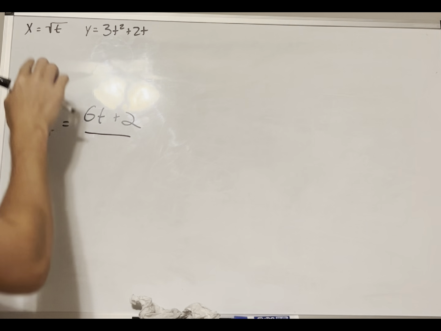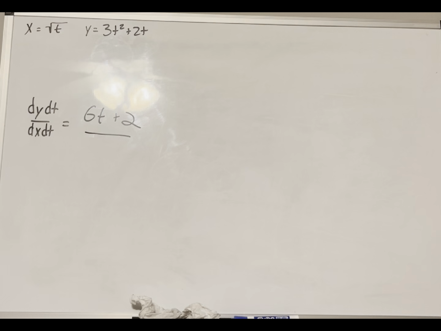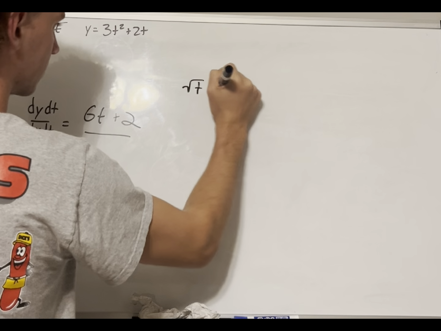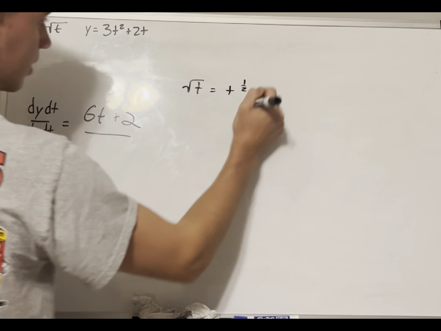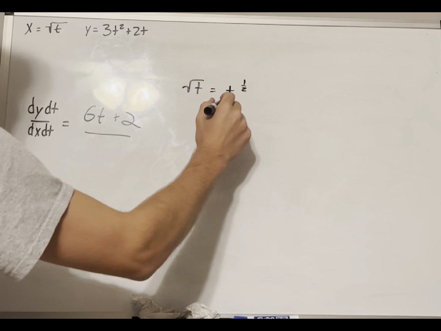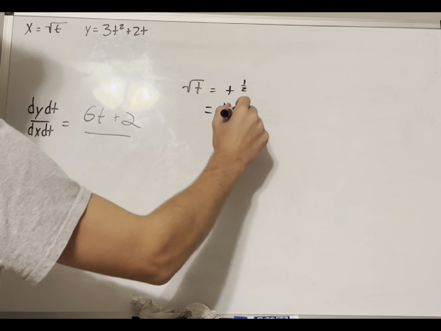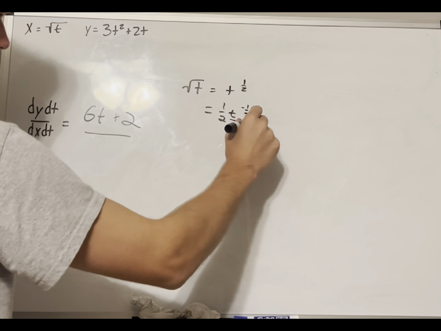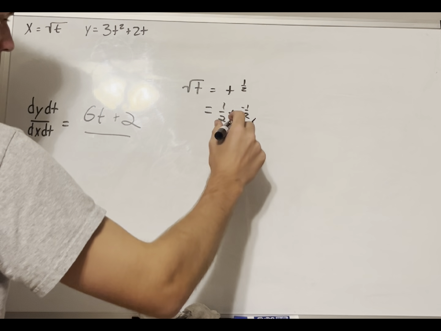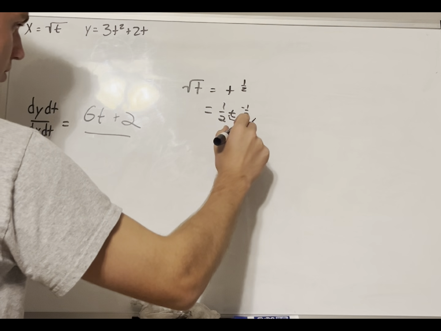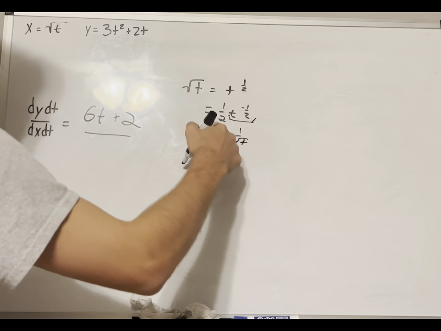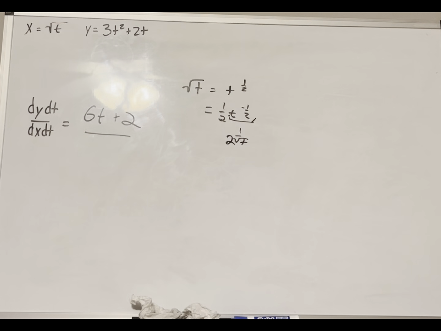And then divided by the derivative of root t, which I know to be equal to t to the 1/2. And you can power rule that. So you get 1/2 t to the negative 1/2, which is the same as 1 over root t times 1/2, because 1 over 2 root t.